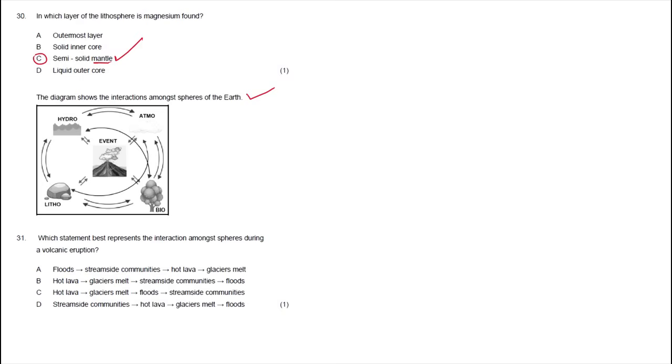Okay, so we know that hot lava leads to glaciers melting, and that leads to floods, and then also leads to streamside communities being affected. So the correct answer will be C.